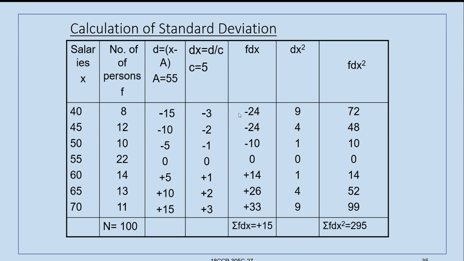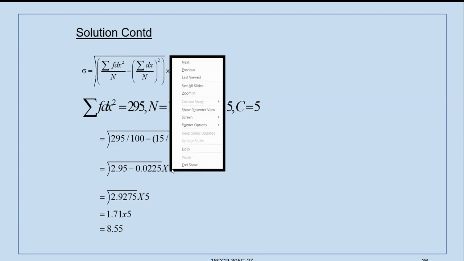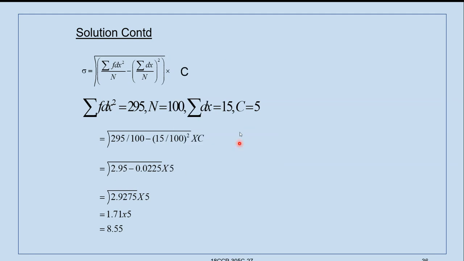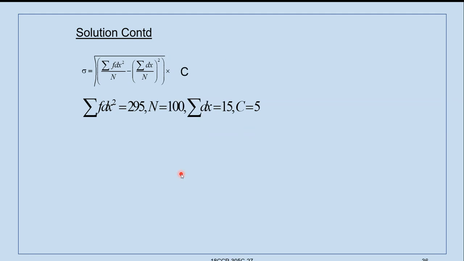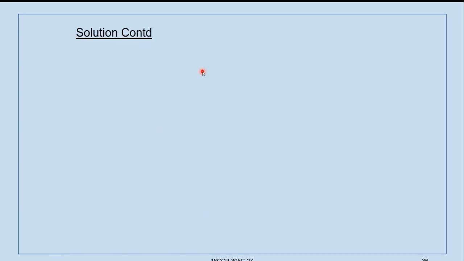N is equal to 100, f dx is 15 and f dx square is 295, and now the calculation is standard deviation 8.55. 5 here we have taken, that 5 is common factor. Previous slide we have taken common factor as 5.